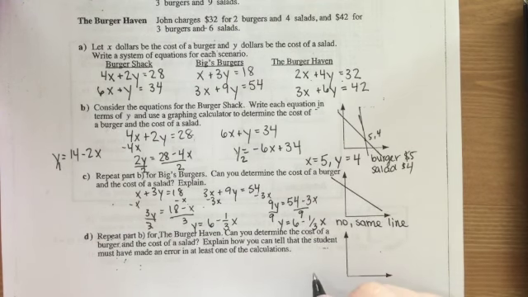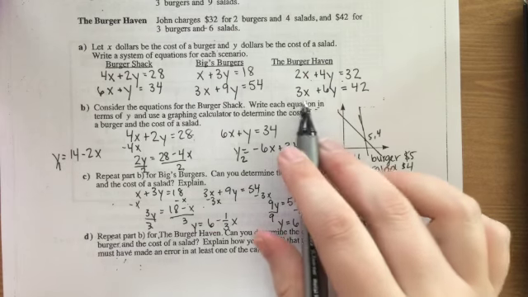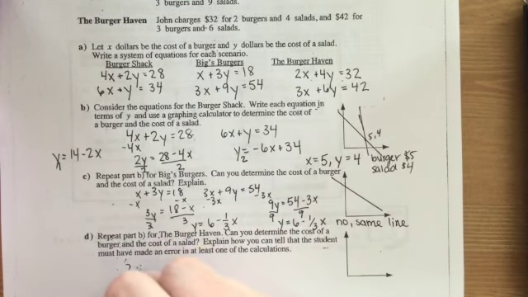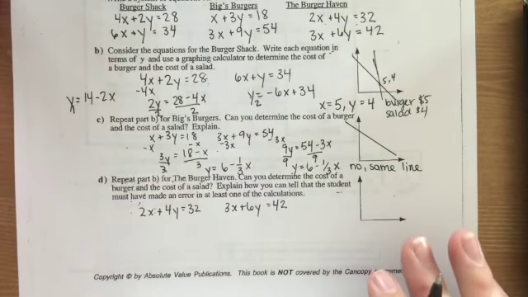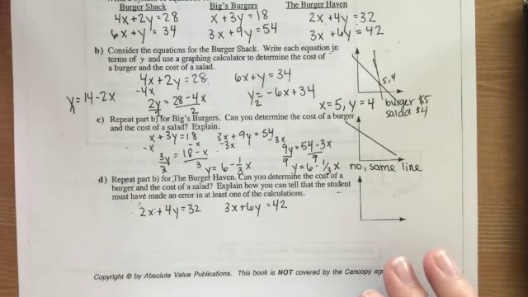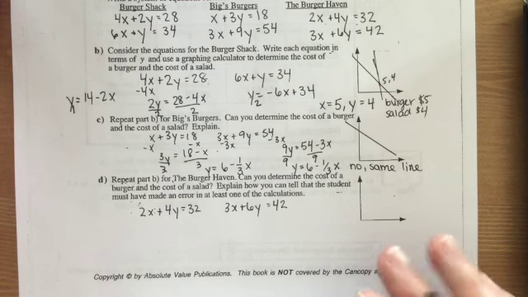Let's go to the Burger Haven, our third restaurant: 2x plus 4y equals 32. And I'm copying down the equations we said earlier about what the burgers and salads cost. And once I have that, I want to rewrite the equations in the y equals form.